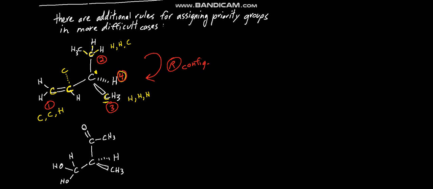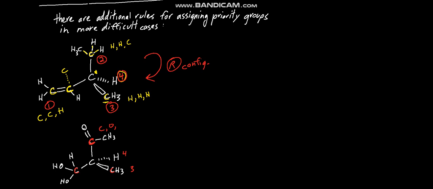Now, the one on the bottom, we have group 4, group 3. How do we decide between groups 1 and 2? Group 3 is easy to spot because it is a carbon, but you have hydrogen, hydrogen, hydrogen, as we saw above. That's going to be lower priority than either of these other two. So between 1 and 2, which we don't know which one's which yet, attached to this carbon here above is a carbon, an oxygen, and then how do we do this?